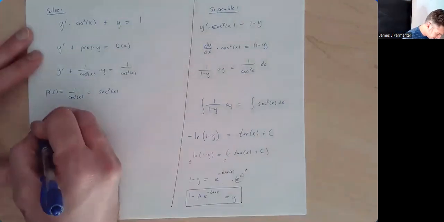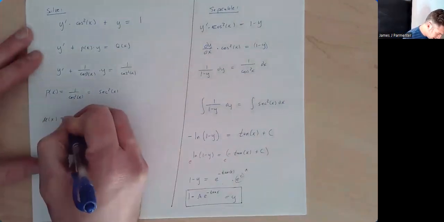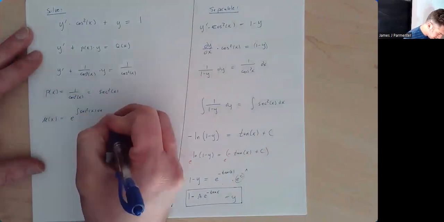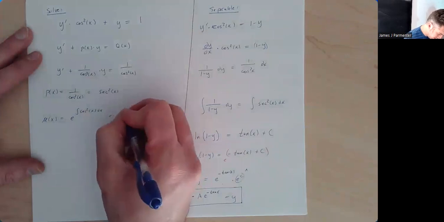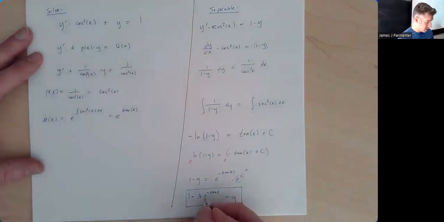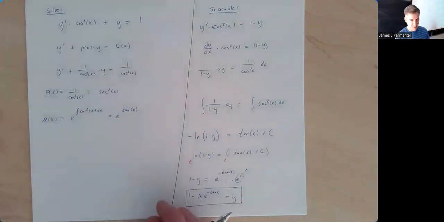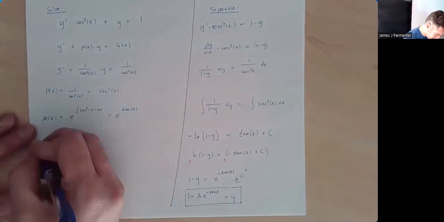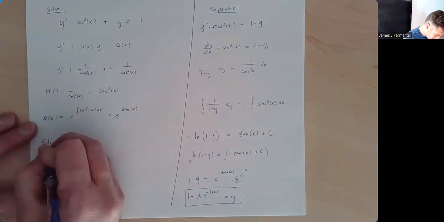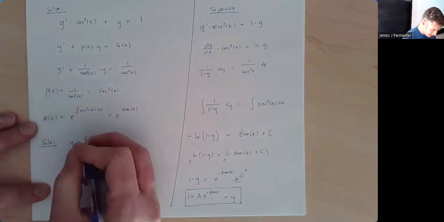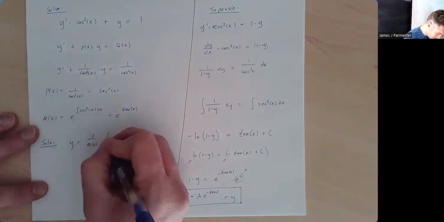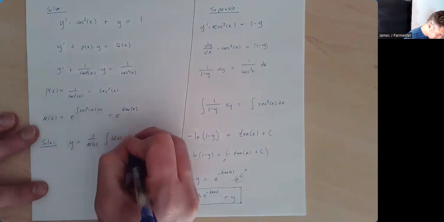So our mu of x here is going to be e to the integral of secant squared of x, which is going to be e to the tangent of x. And then, even though it feels weird to me, we're just going to jump to the almost end. So our solution is going to be y equal to, I like to write it out the long way first, 1 over mu of x times the integral of q of x times mu of x.